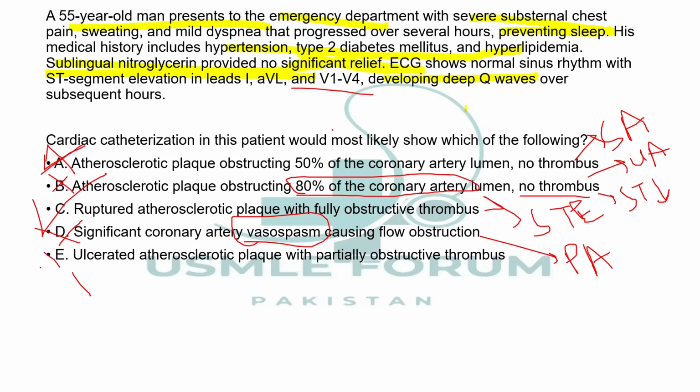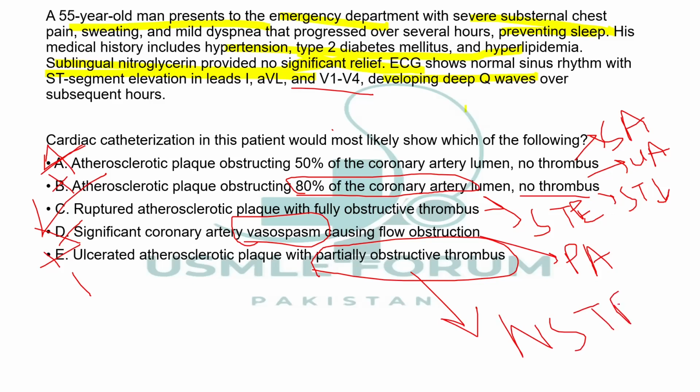Option E is also incorrect because it is mentioning that the atherosclerotic plaque has a partially obstructive thrombus. This is NSTEMI, because the thrombus is present, but it is partially obstructing.